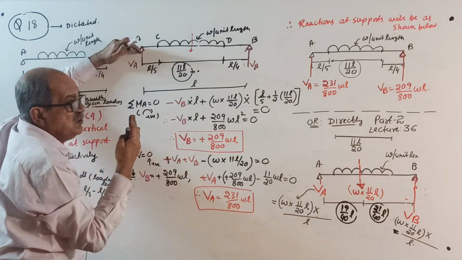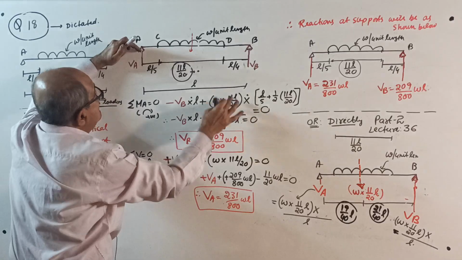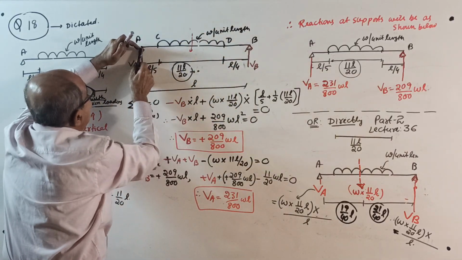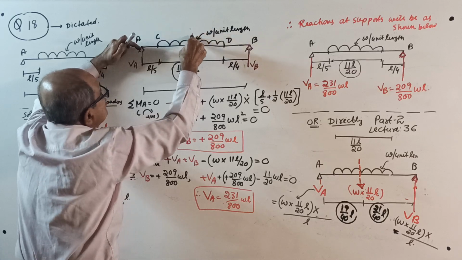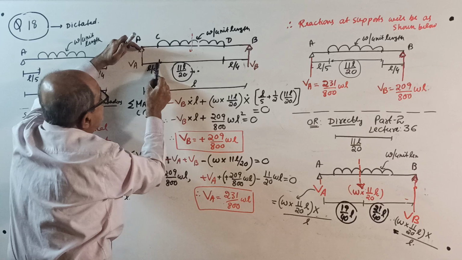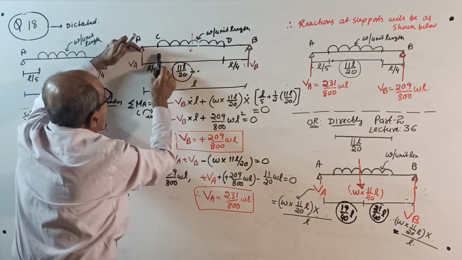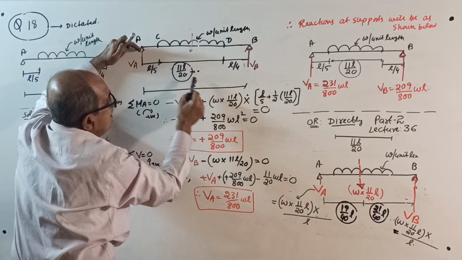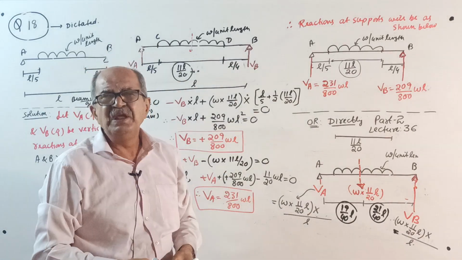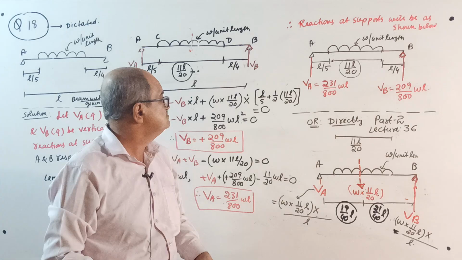W into 11L by 20 is the total load, multiplied by the distance from A to the line of action of this total load, which passes through the center of the UDL, is L by 5 plus half of 11L by 20, equal to 0. These were all very thoroughly explained earlier.